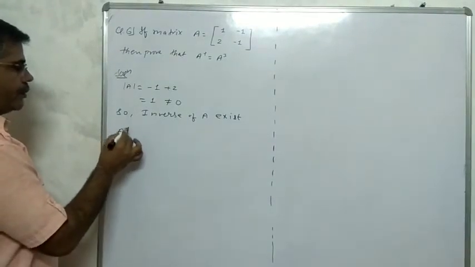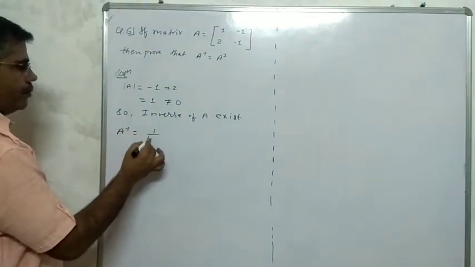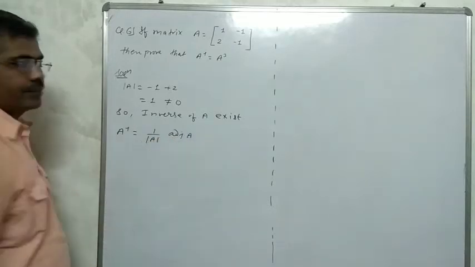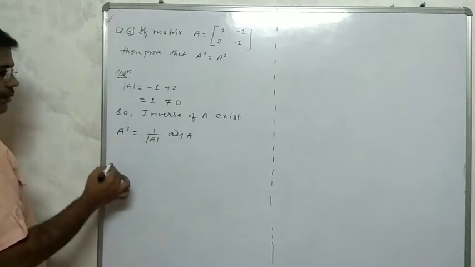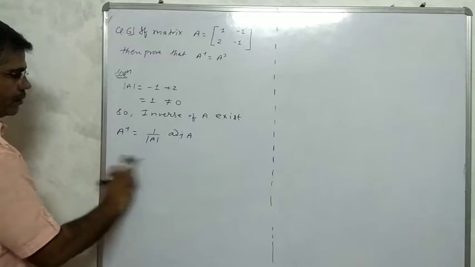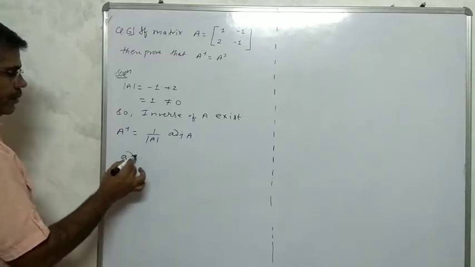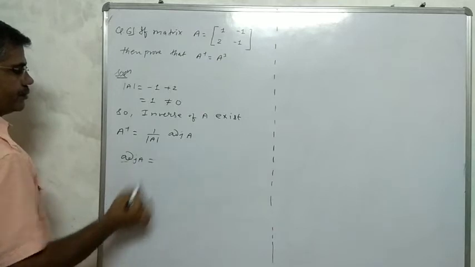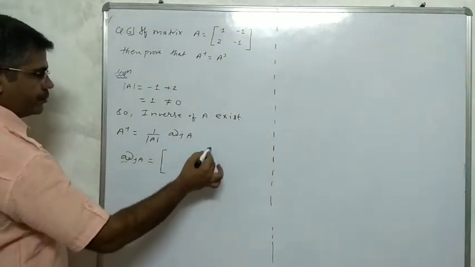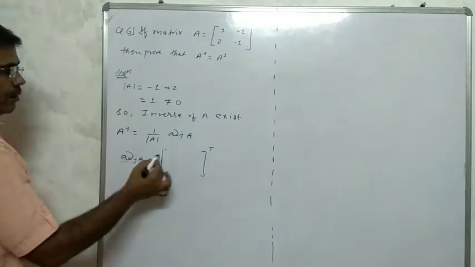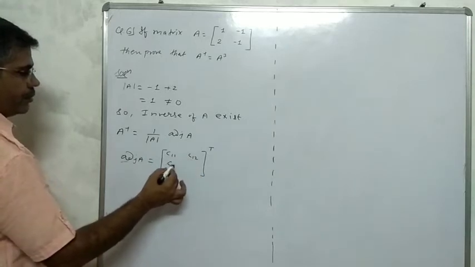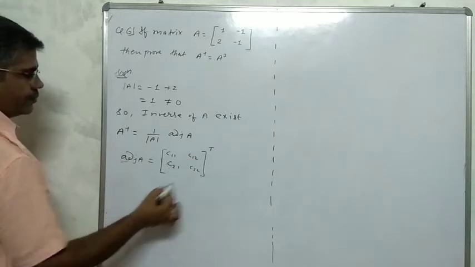Inverse of A is given by A inverse, 1 upon value of matrix into adjoint of A. We find adjoint of A. Adjoint of A is given by transpose of cofactors C11, C12, C21, C22.